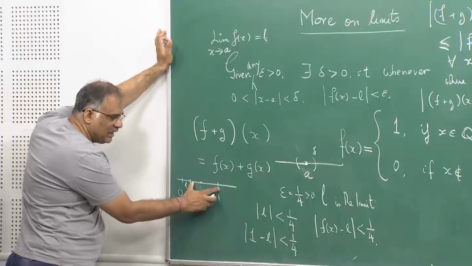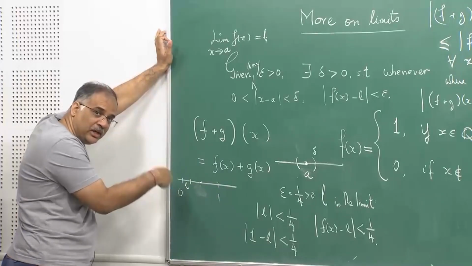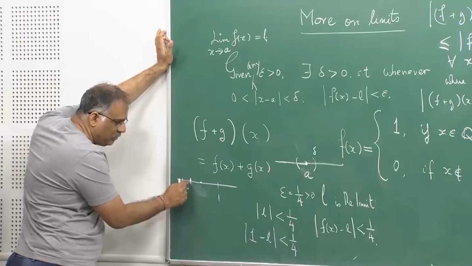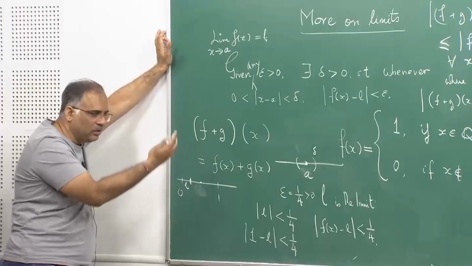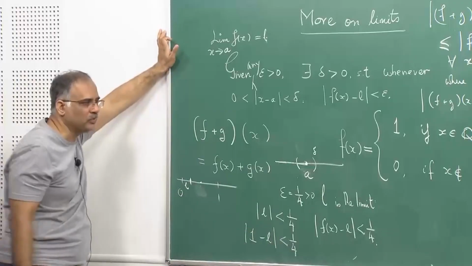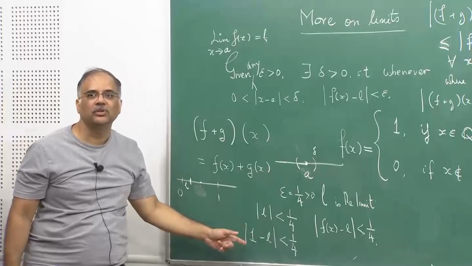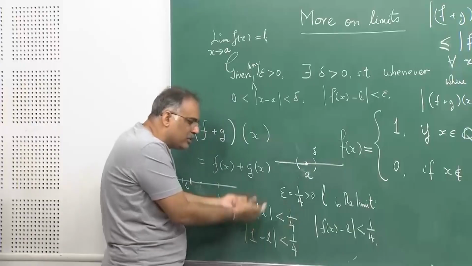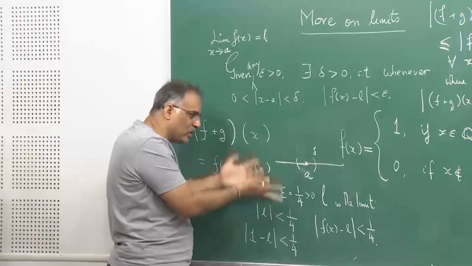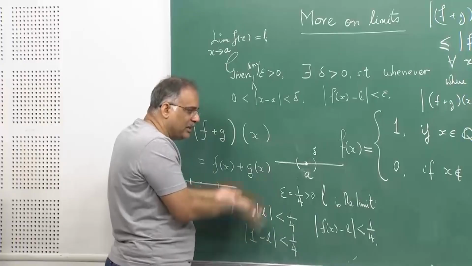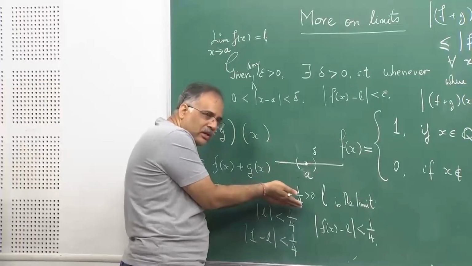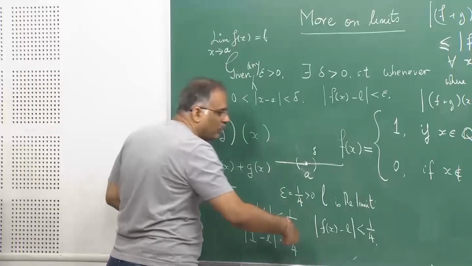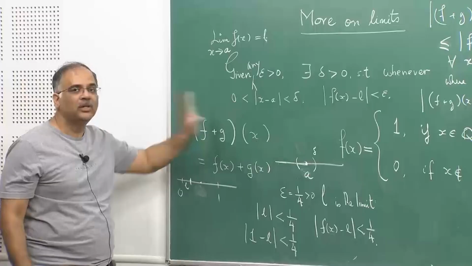So 1 minus L is this part, so it has to be bigger than 3/4, since this is 1/4. So how can 1 minus L be strictly less than 1/4? Immediately there is a contradiction. Hence, it does not matter what delta I take, these inequalities will always be there. So I am using the epsilon-delta definition to show that, for the epsilon I have taken, I cannot find a corresponding delta for which this will hold, because that leads to a contradiction.